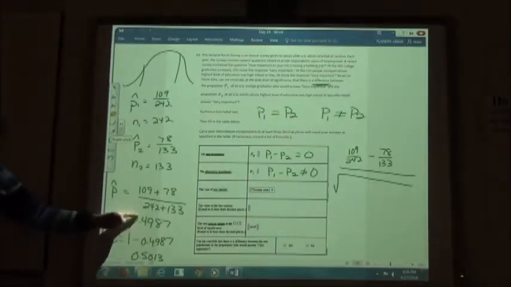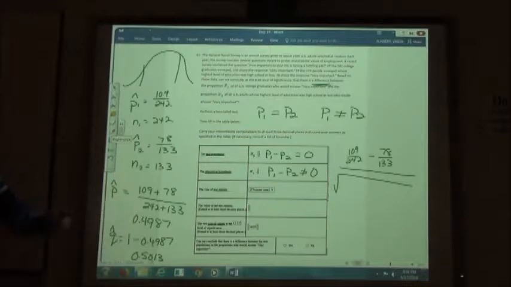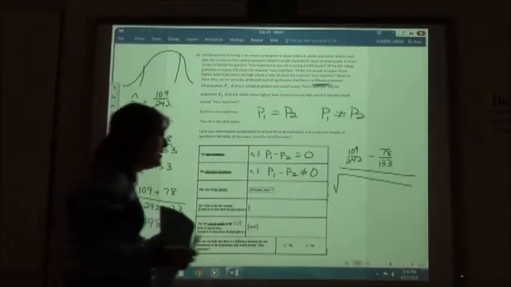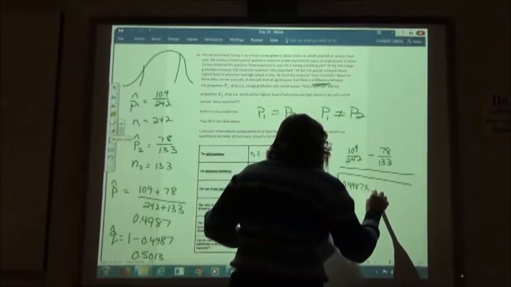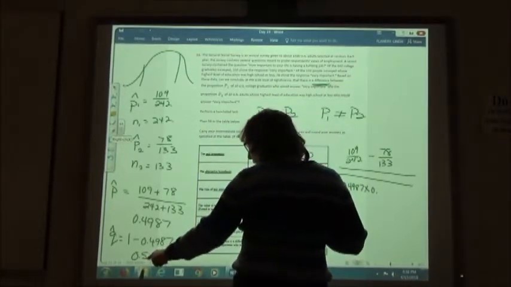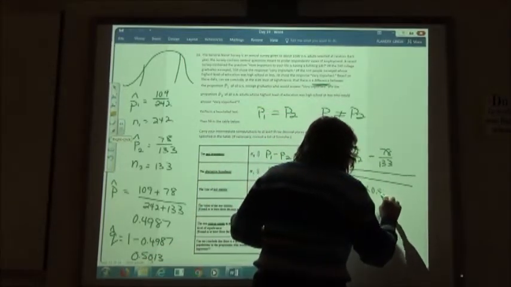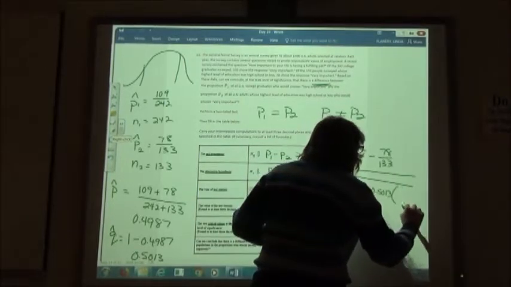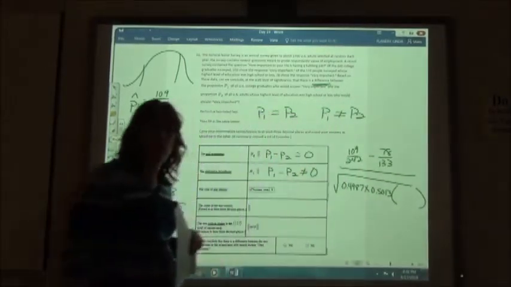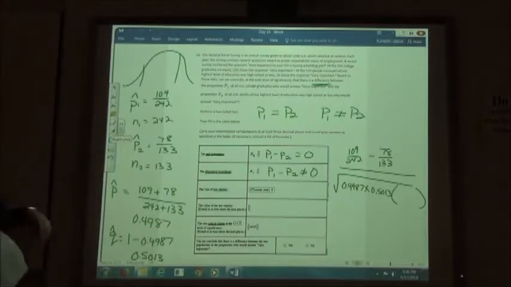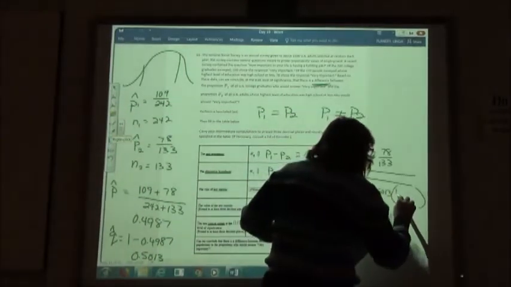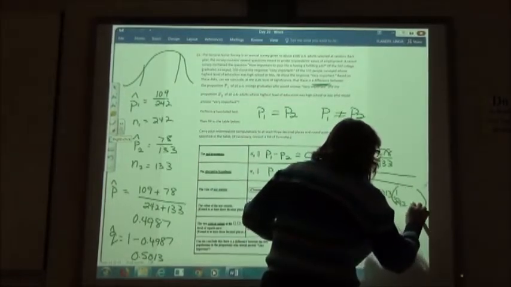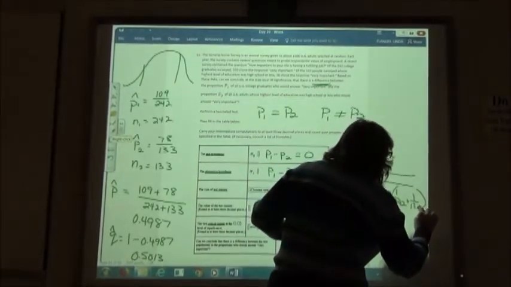So these two decimal numbers, 0.4987 times 0.5013. And then in parentheses, 1 over n1 plus 1 over n2. So 1 over 242 plus 1 over 133.